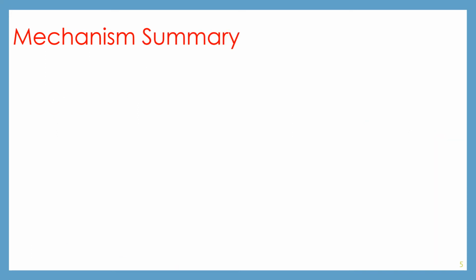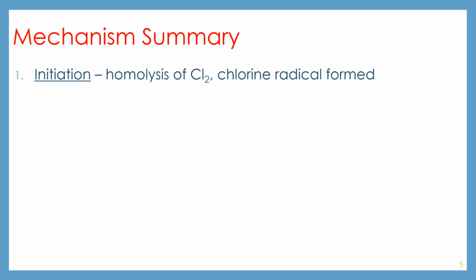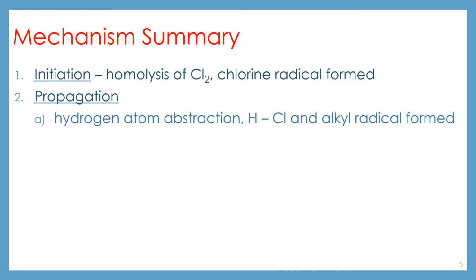So let's summarize this mechanism again, in words this time. In the initiation step, we have the homolysis of chlorine, and chlorine radical is formed, 2 equivalents of it. We have 2 types of propagations here. We can have a hydrogen atom abstraction, where hydrochloric acid and the alkyl radical are formed.